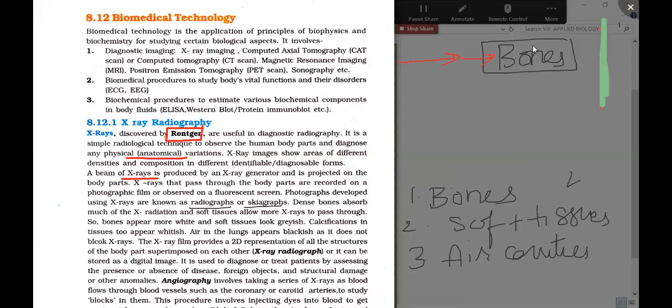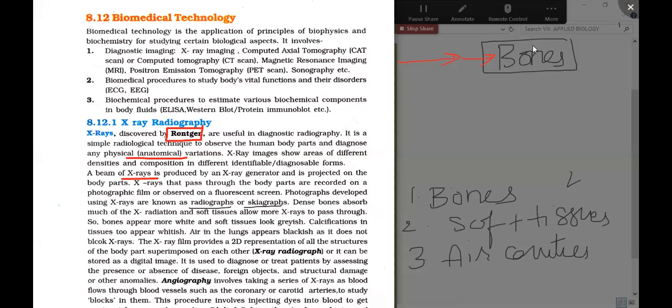So this is the photographic film. When we are recording on the photographic film, what happens with bones? Bone is a dense part, isn't it? The dense bones absorb the X-ray radiation. They don't allow them to go out from there.